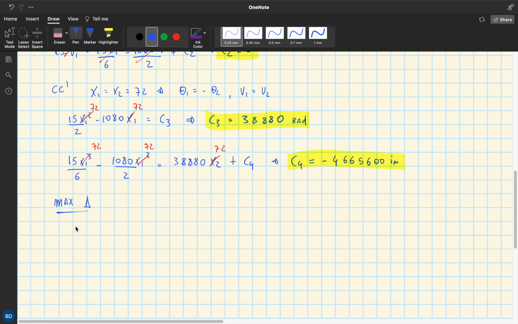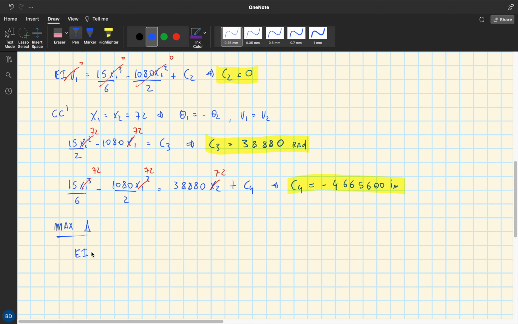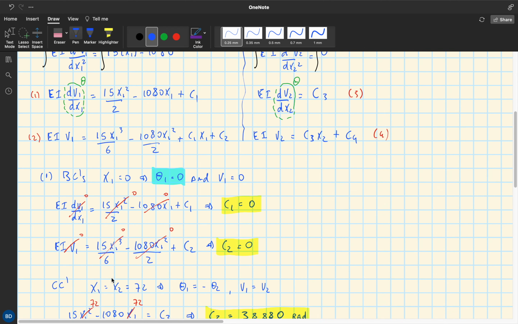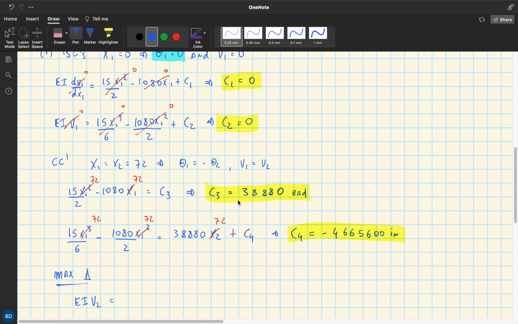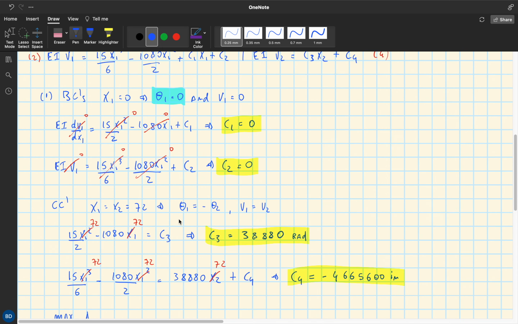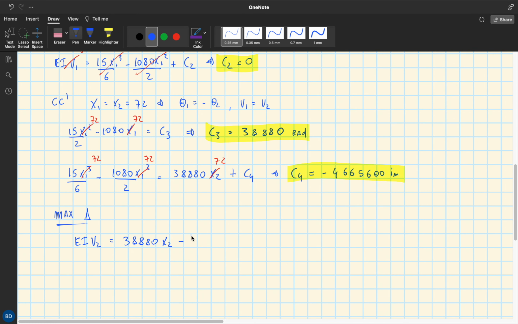So I have EI V2 equal to C3 x2 plus C4, and C3 here is 38,880 x2, and C4 is negative, so we have negative 4665600.